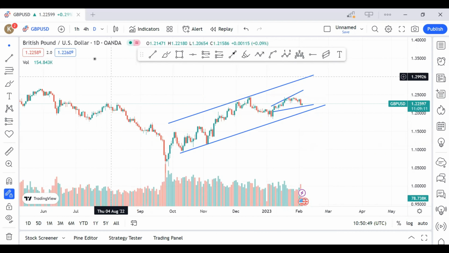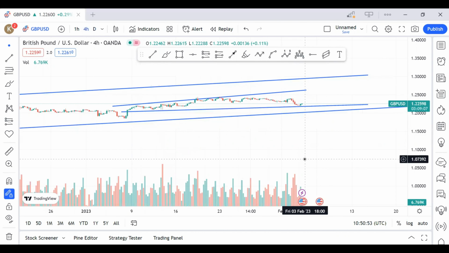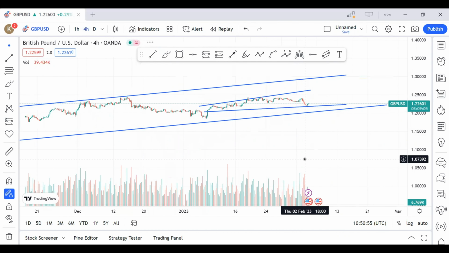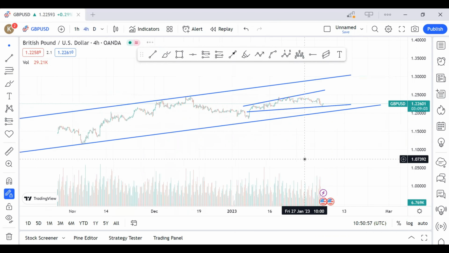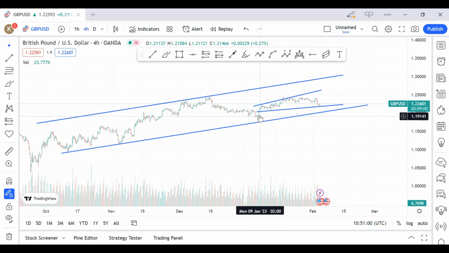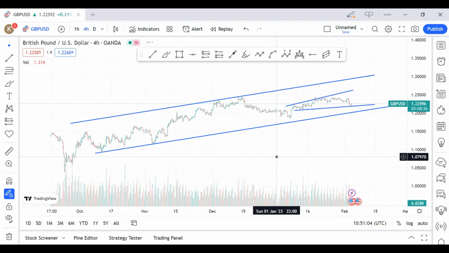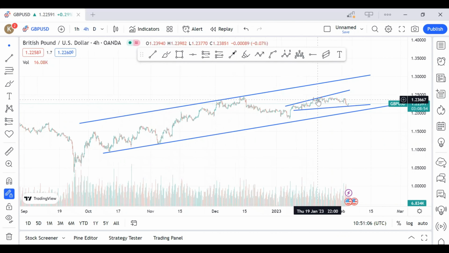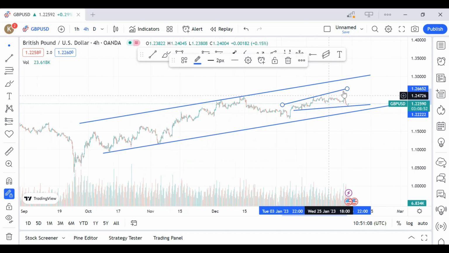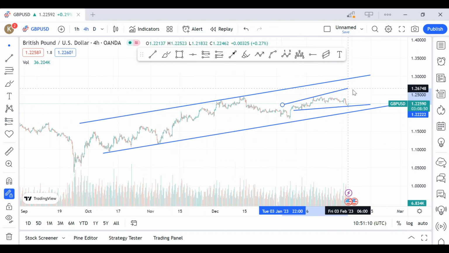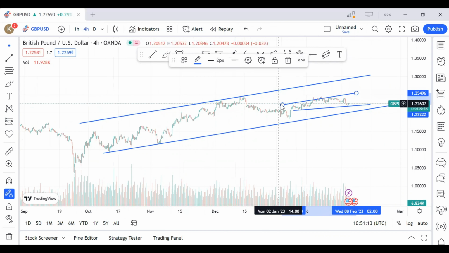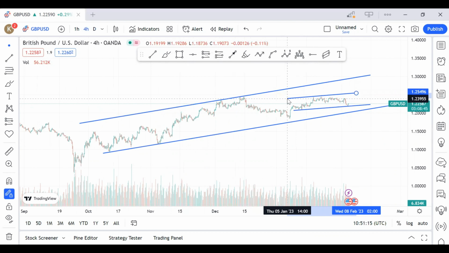So now let's dive deeper into the market. Let's move to a 4-hour time frame. From the 4-hour time frame we can see that our structure is actually a good structure. Whenever the market decides to change direction at a certain level or point, just know that level is being respected no matter what.